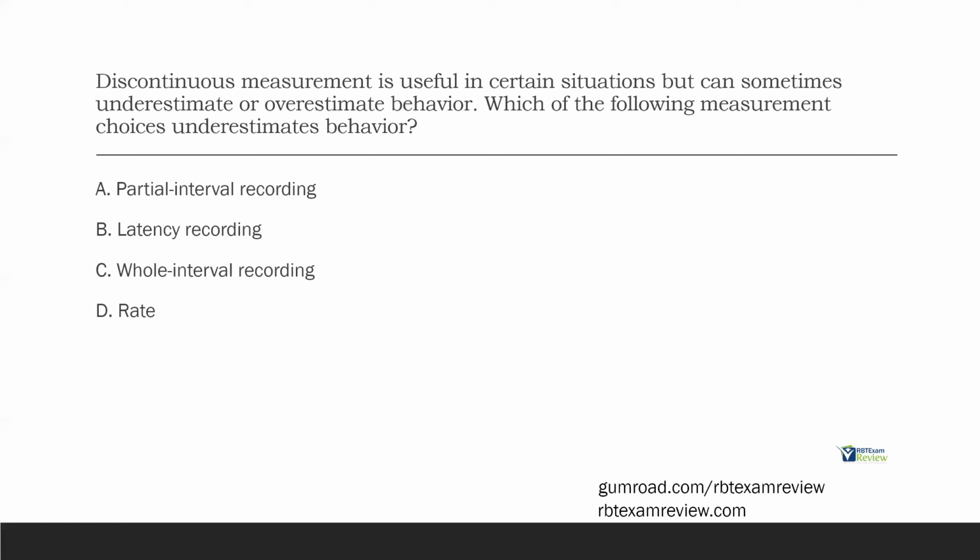It might not give us a clear picture of how often that behavior is occurring, especially if the client or the student or whoever figures out the recording system chooses to engage for only some of the interval, not the whole interval. That's going to underestimate, it's going to skew your data. One of the downfalls of discontinuous measurement is this issue right here.